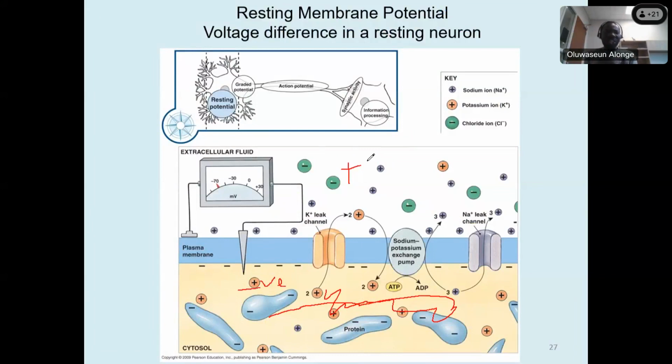We are going to change the orientation. So it will now become less negative inside, right? If polarization is more negative inside, then depolarization will be more positive inside. Does that make sense? It's just going to be the opposite of the initial. So when this portion is becoming less negative, that will be depolarization.